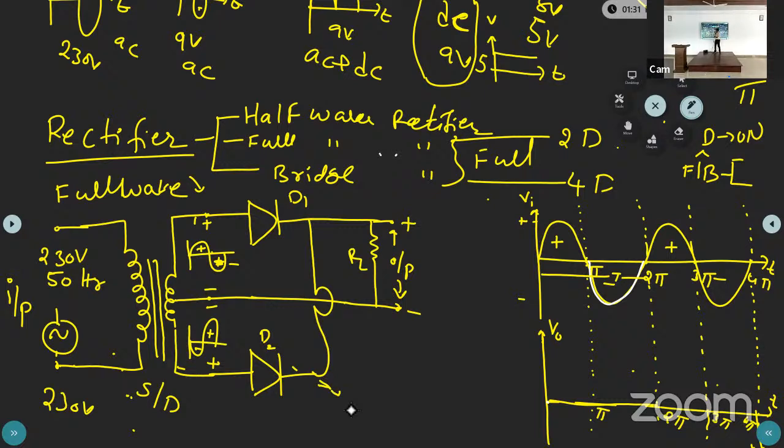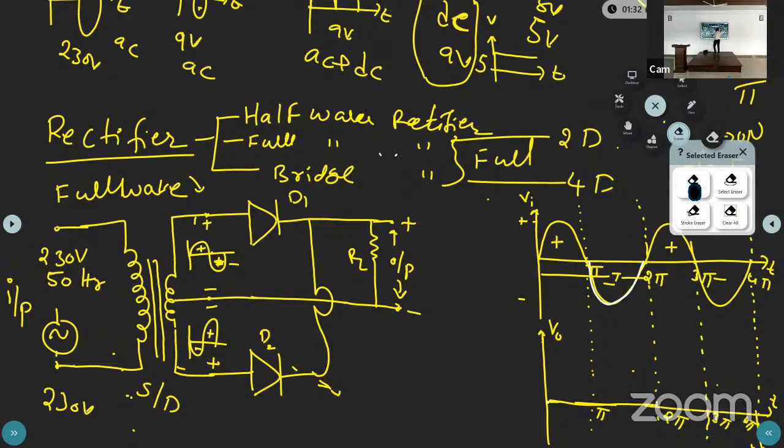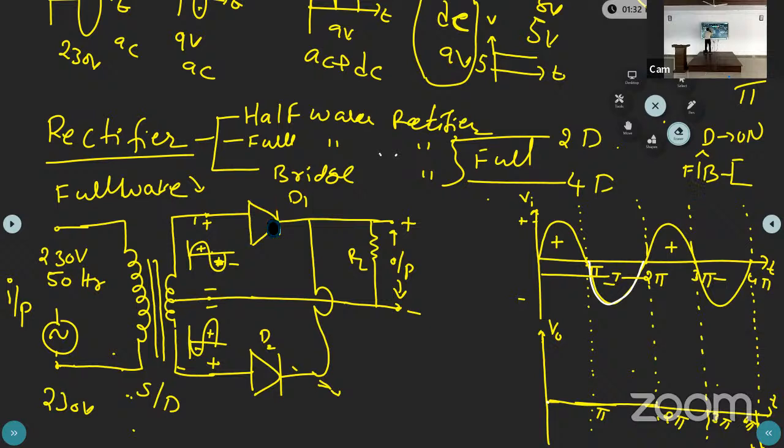If we apply 0 to pi, which peak are we applying here? Positive peak. So the positive terminal input is connected to D1. Then what will happen? The D1 diode is forward biased. If D1 is forward biased, then it acts as a short circuit. And what about this? Here it is the negative half cycle, negative positive. What will happen?